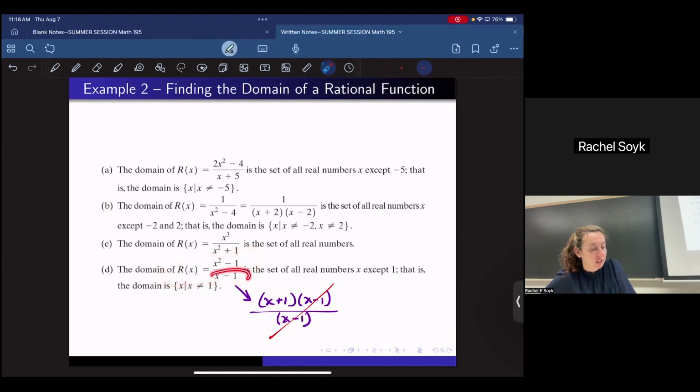So we do need to mention, okay, if x is 1, we end up getting 0 over 0. But anytime there's 0 in the denominator, it's undefined regardless. So we need to exclude 1 from our set, which makes the denominator 0.